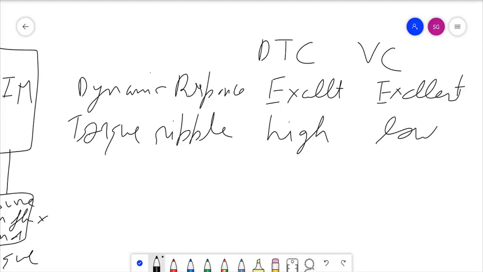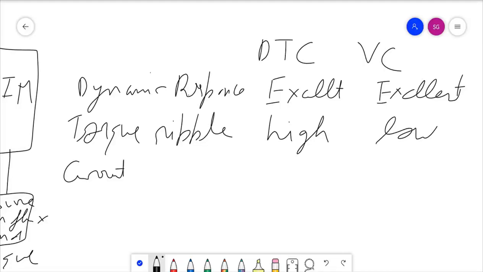In vector control, it is low because we directly control the current itself, and we are not letting it shoot up by designing our controller very well. Is current in direct torque control maintained within machine rating?